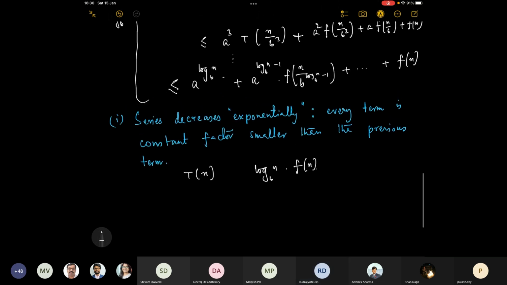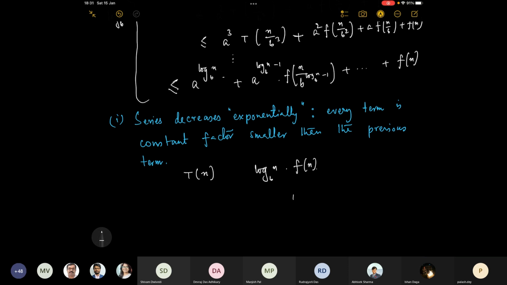Forget this. I think you are all giving more than due respect to this ugly looking series. Just focus on what you mean by a series which decreases exponentially. Every term is a constant factor smaller than the previous term. Can you give me an example of such a series? Just a concrete example. Like 1, half, 1 by 4.